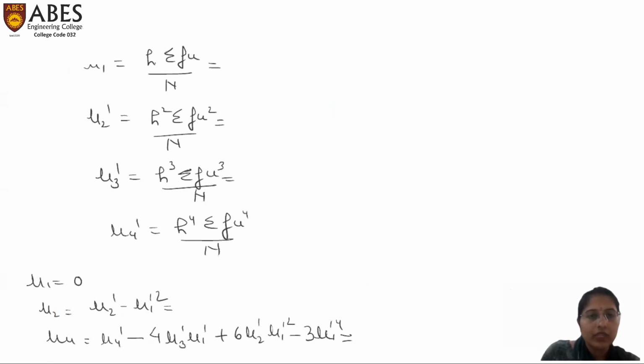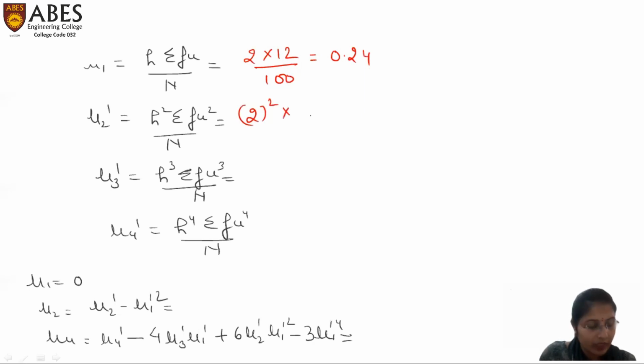Now mu1 dash is h summation fu upon capital N. So h is 2, summation fu is 12 divided by 100. It will be 0.24. Then h square, it means 2 square multiplied by summation fu square, 164, divided by 100, and it will be 6.56.